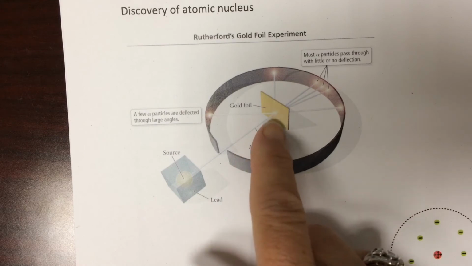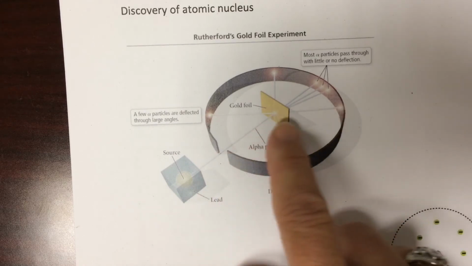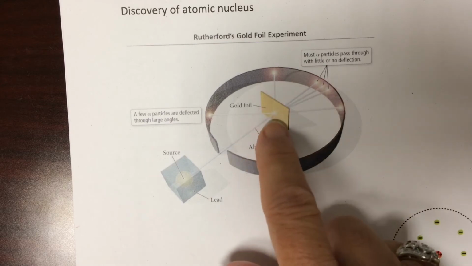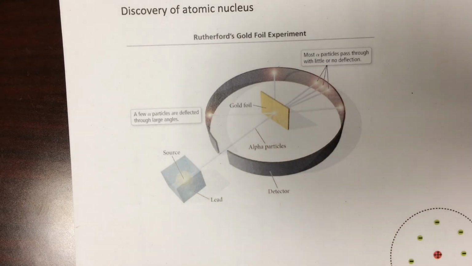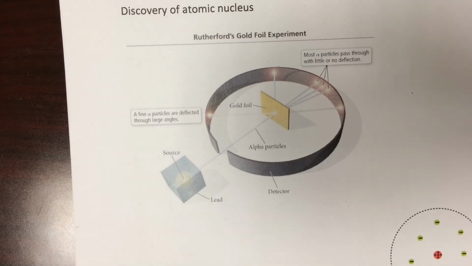But some of the alpha particles were deflected a bit, and some even came back at you. Rutherford was very puzzled by this. He described it as throwing a cannonball at tissue paper and having the cannonball come back at your face. And a new theory had to be developed to explain this gold foil.